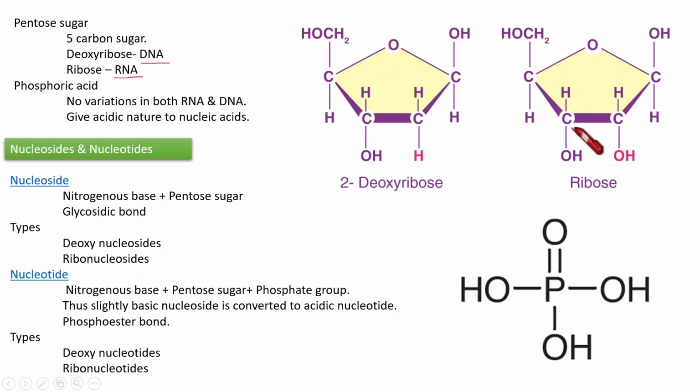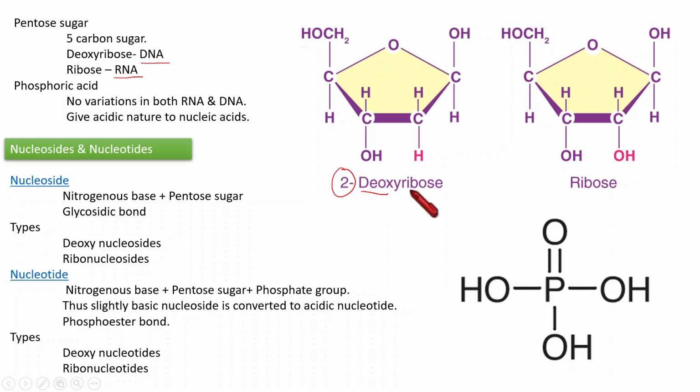Look at this picture. In deoxyribose sugar, deoxy means oxygen is removed. So 2 is the position, this is the second carbon. In deoxyribose sugar, the oxygen in the second carbon is lost, it is removed. That is why deoxyribose.